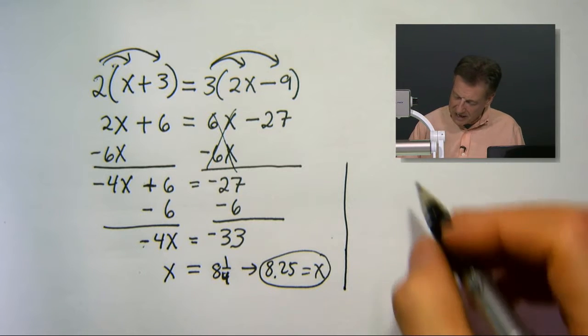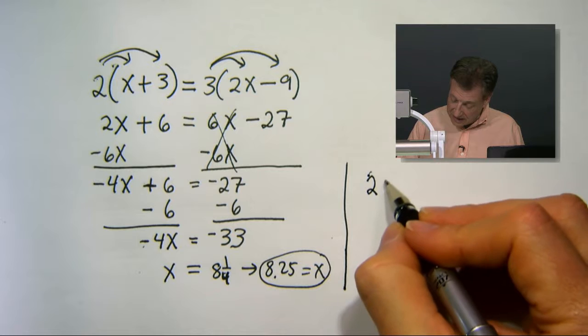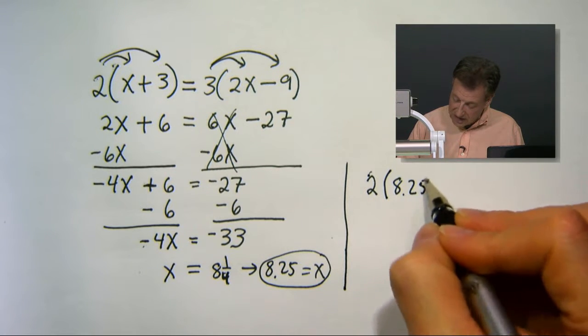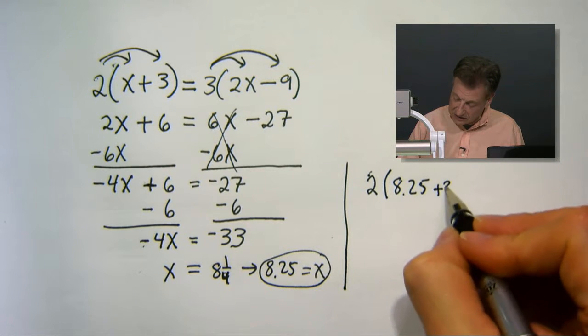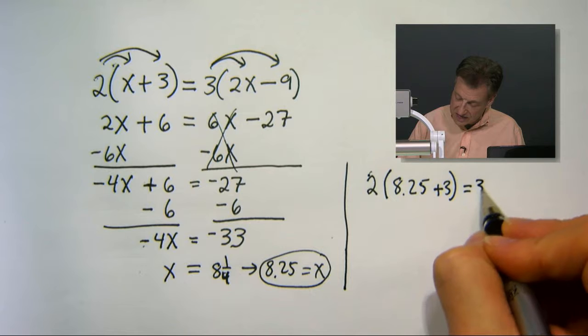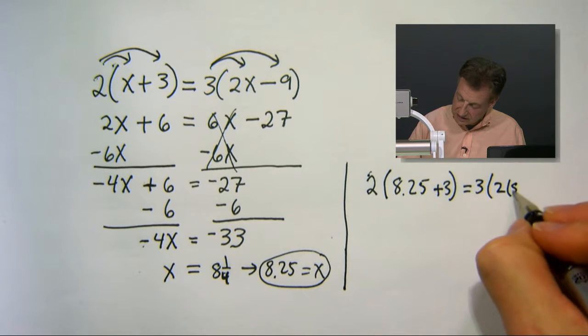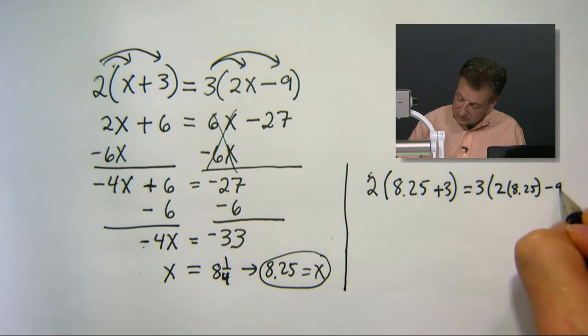So I'm going to go back to the beginning because that's where we can make an error, okay? And we got 2 times, I'll get right in a minute. How about it? 8 25/100, add 3. And we're going to see on the other side, does that give us 2 times, lots of parentheses going on here, 8 25/100 minus 9.